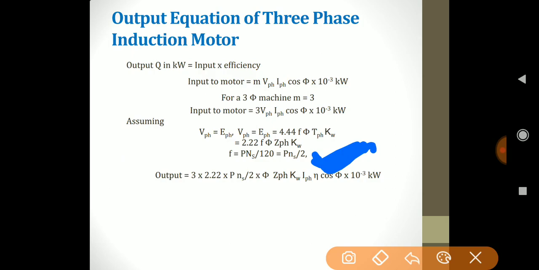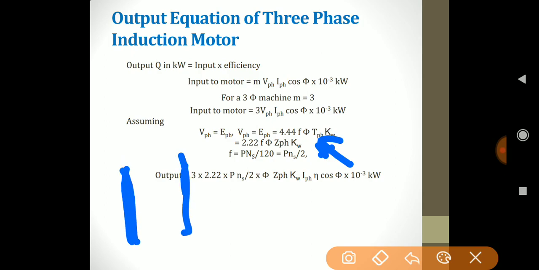One more thing, you may have got confused with what is done here. TPH, when it is converted to ZPH, what has happened? For that you need to understand, we are converting the number of turns TPH into number of conductors. Each turn has two conductors, conductor number 1 and conductor number 2.